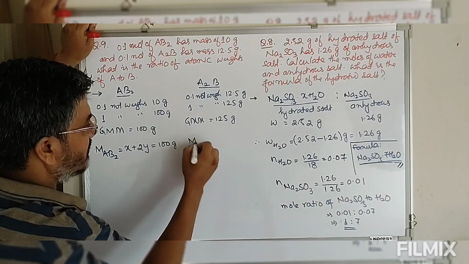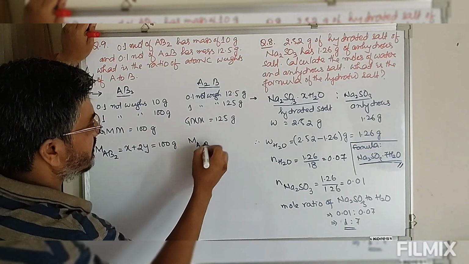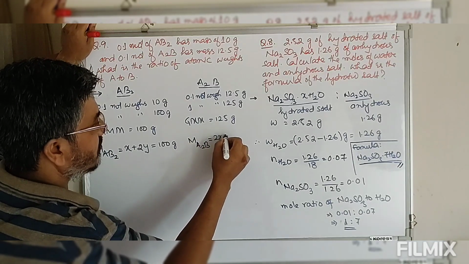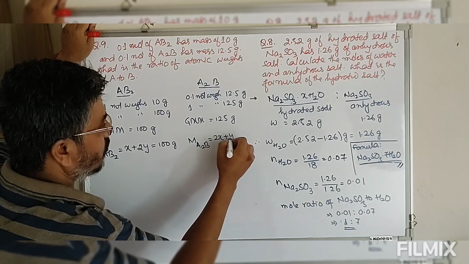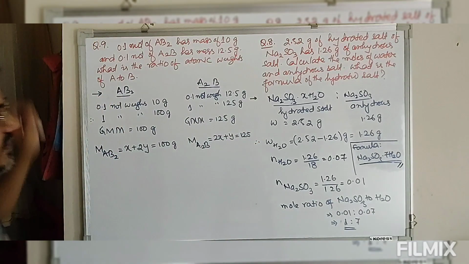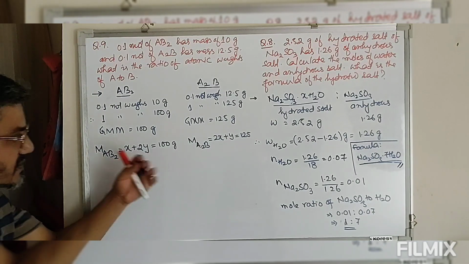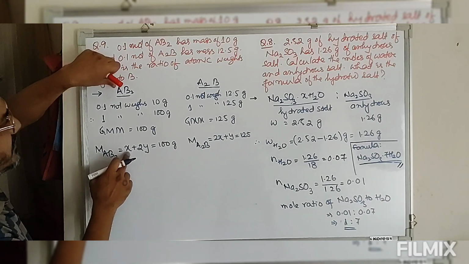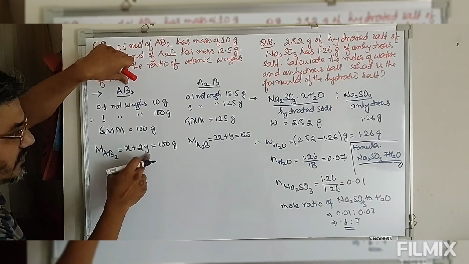Similarly, the molecular mass of A2B will be equal to 2 times X plus Y. This must be equal to 125.